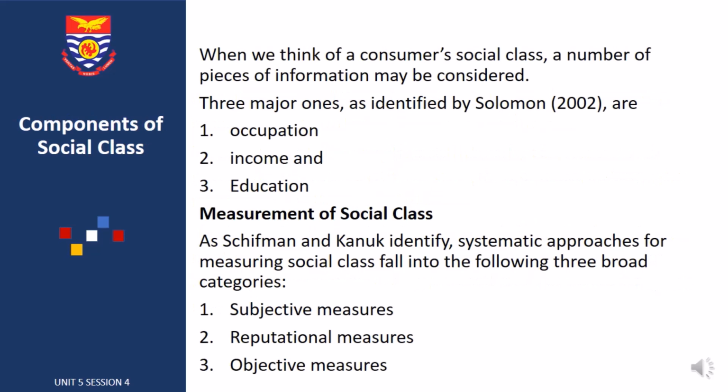Now, when we think of consumer social class, a number of pieces of information may be considered. But basically, there are three major ones identified by Solomon: as I indicated earlier, occupation, income, and education. So if you see somebody and the person is called a professor, it tells you the social class the person finds him or herself in.